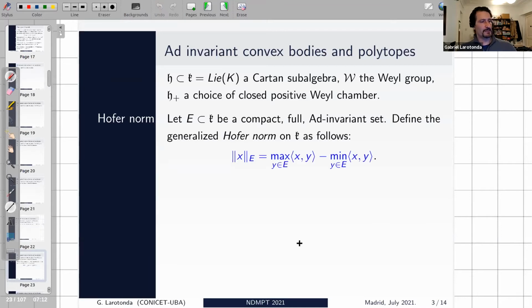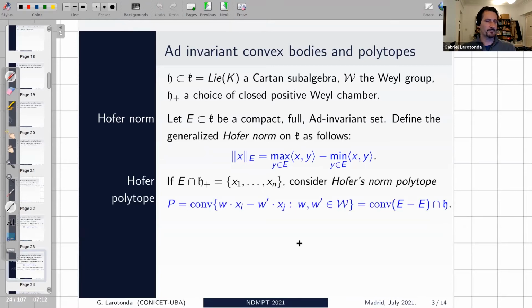So the generalized Hofer norm will be defined as follows. Just take the maximum over the full compact set, and then subtract the minimum. It's in a way some kind of a diameter of the set, but with an identification with the dual.